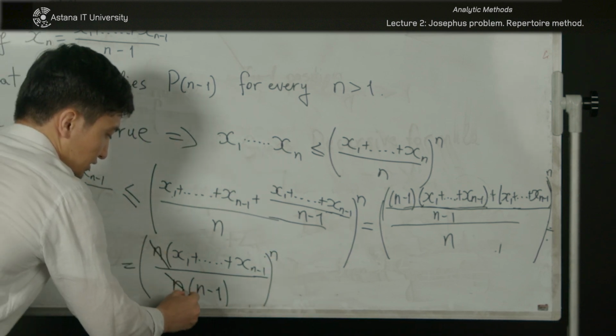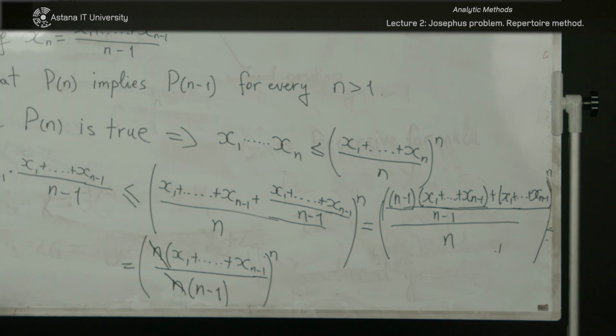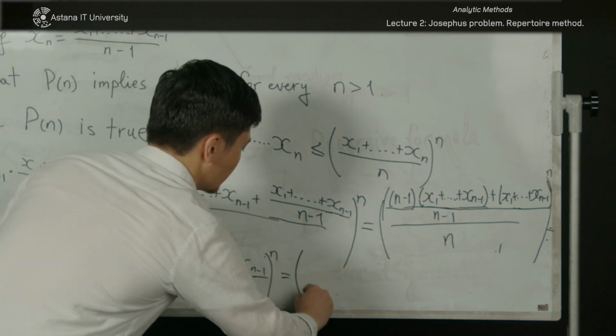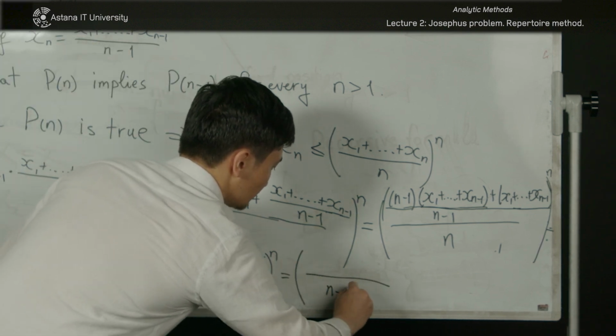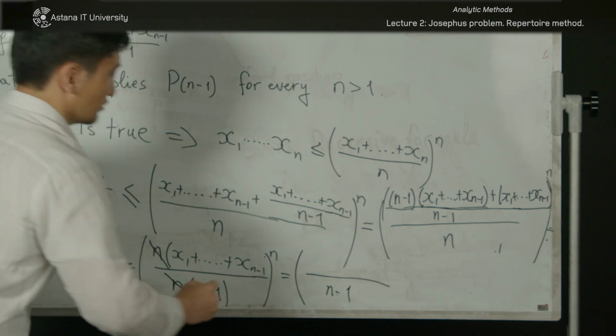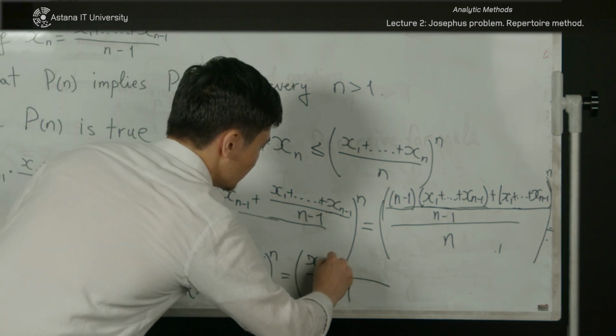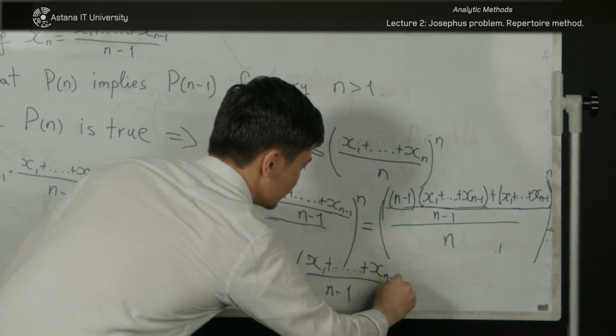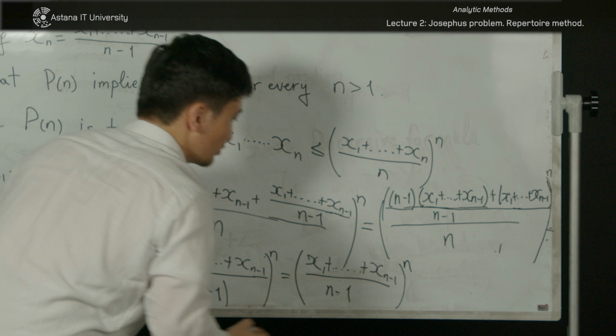Now this n cancels out, and I have finally this expression: n minus 1 over here, and I have x1 plus until xn minus 1 raised to the power of n.